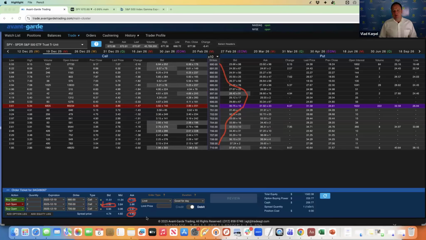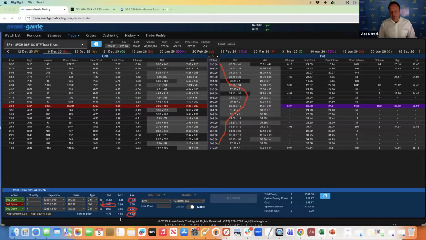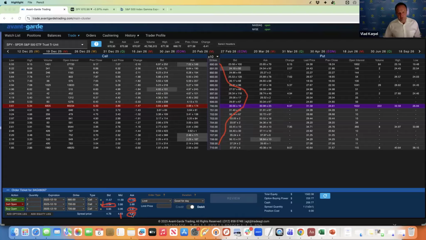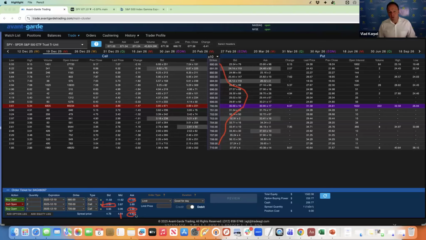It's a liquid name, so you can target the midpoint between natural bid and natural ask, or you can target 492. But here the most I can lose is a little bit less than $5.